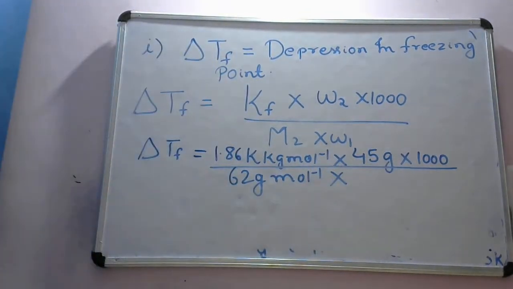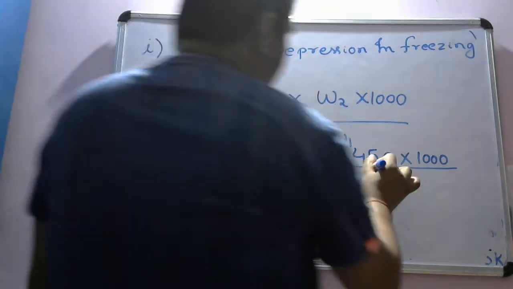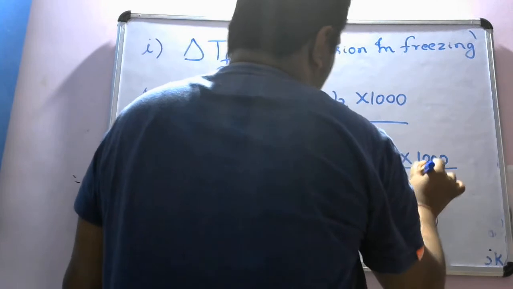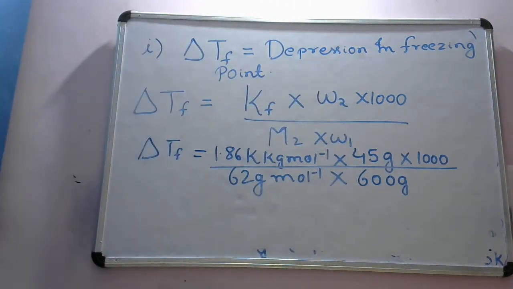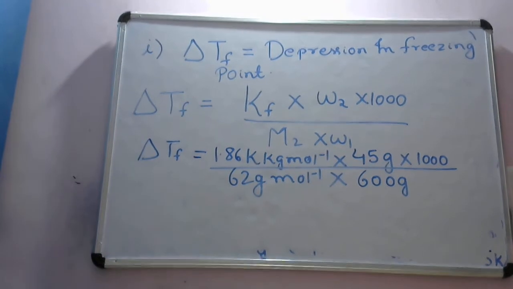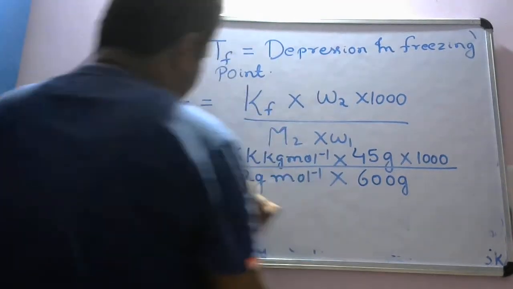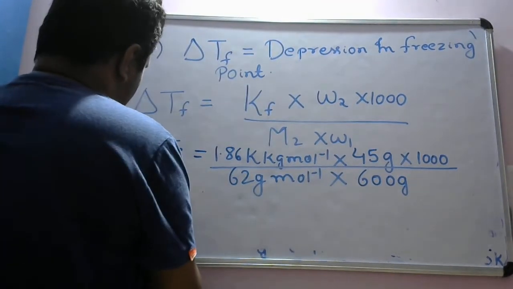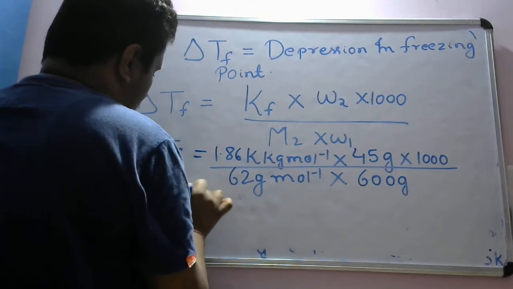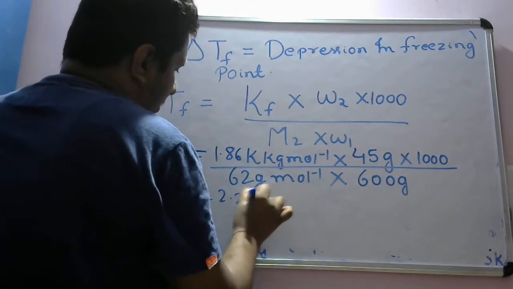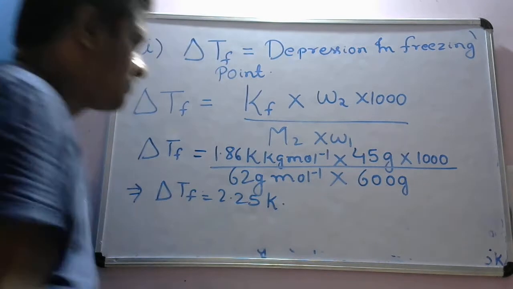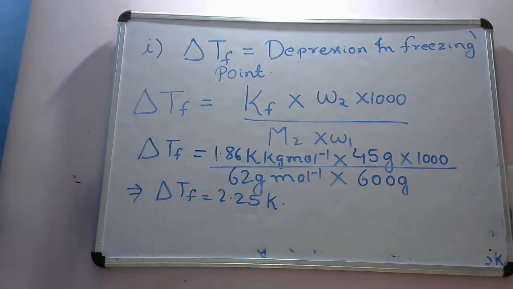W1 is mass of solvent, that is given to us to be 600 grams. So all the values we have substituted. After calculation, we get delta Tf to be 2.25 Kelvin. Now the depression in freezing point is this much.